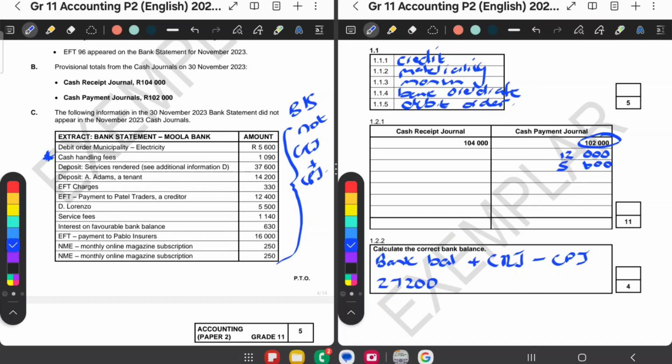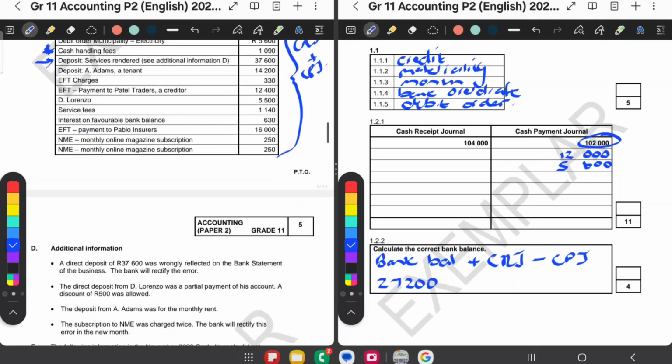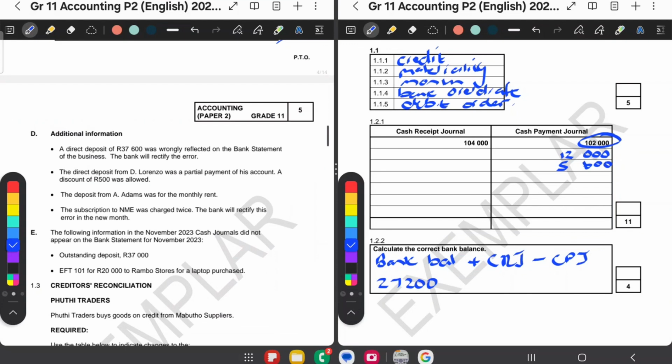Then a deposit for services rendered. Refer to information D. Let's go read information D. It says a deposit of 37,600 was wrongly reflected on the bank statement, and the bank will rectify this mistake. So this is not our mistake. We are the CRJ and CPJ.